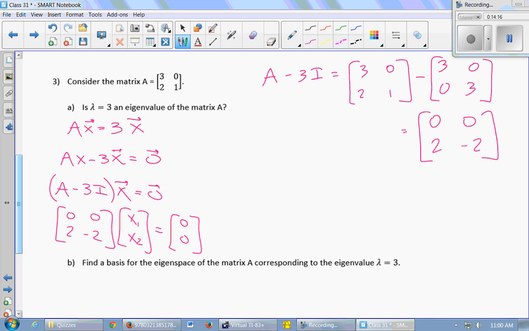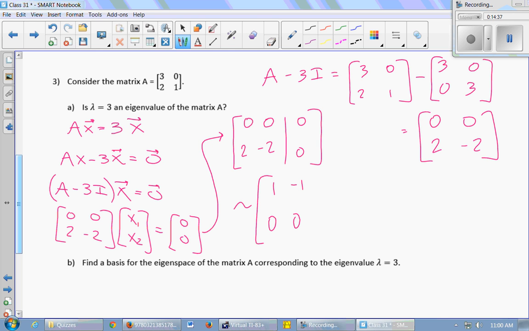Augment the A minus 3I with zeros, row reduce. I actually already did it. So I have (0, 0; 2, -2) augmented with (0, 0). And that is equivalent to (1, -1; 0, 0) augmented with (0, 0).